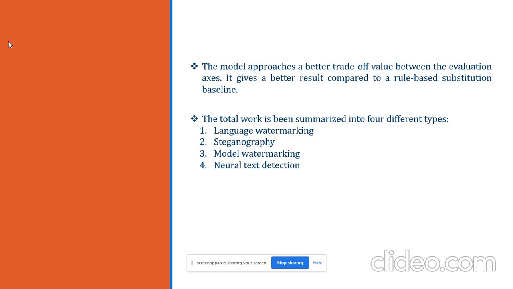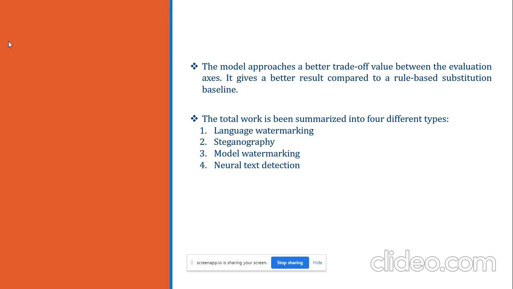Language watermarking is a text-based watermarking technique where the text is watermarked with some modeled tools. Steganography is a type of action where the data is hidden under an image or a text.